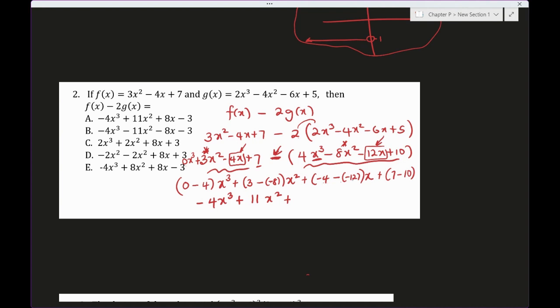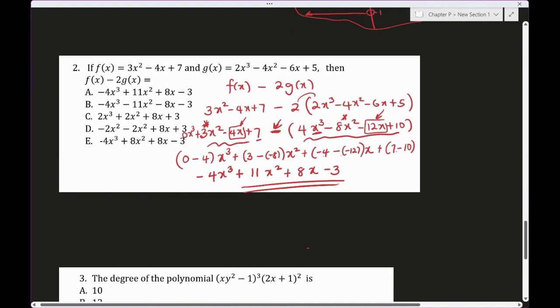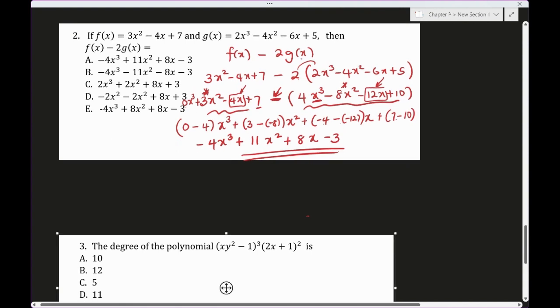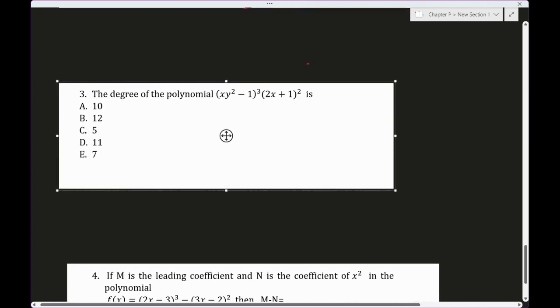This is minus 4 plus 12, which gives us 8x. Then finally 7 minus 10, which is minus 3. So we're done. Here we've done both subtraction and multiplication by a constant.